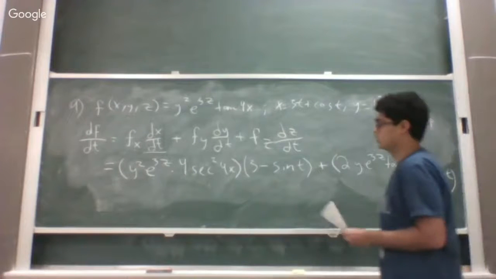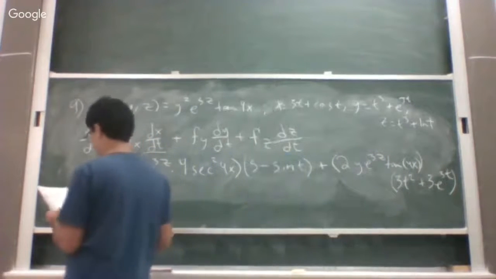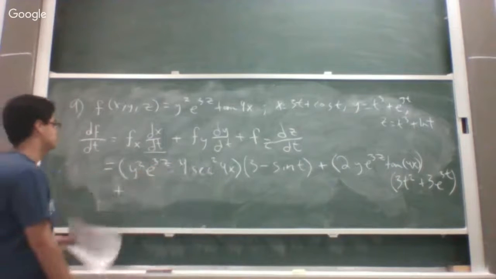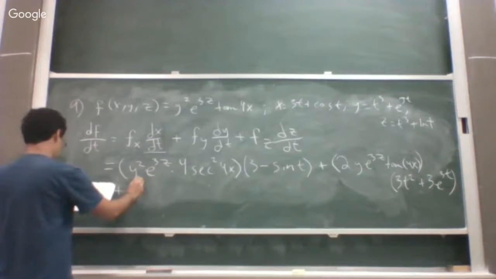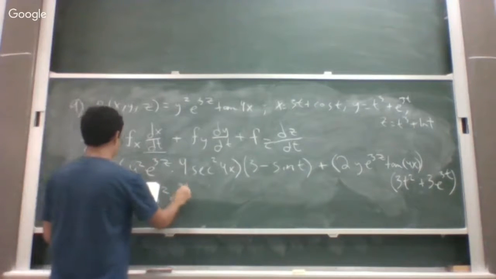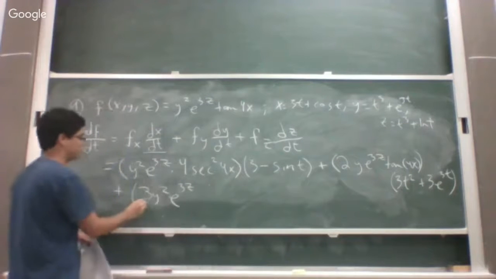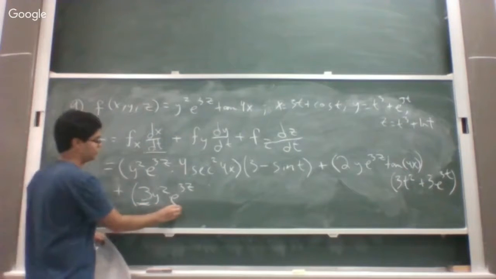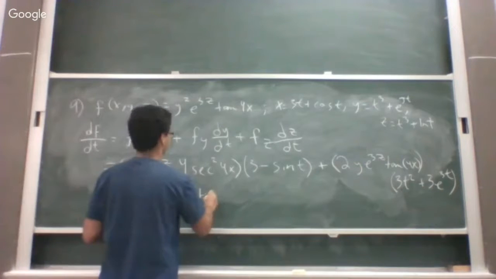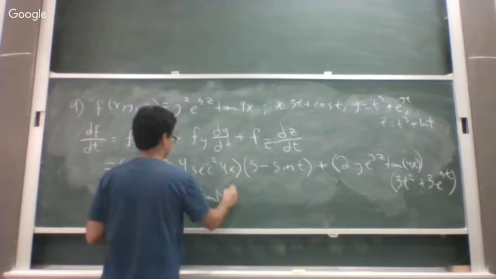Moving on to f of z, we hold x and y constant. So what do we have? 3 times e to the 3z is the derivative, times y squared, and times tangent of 4x, because that stays constant.